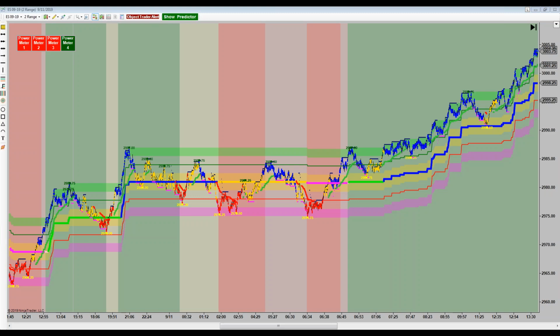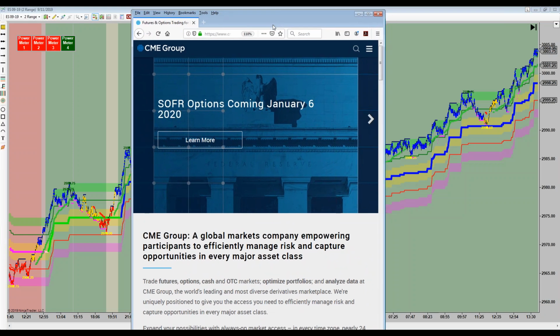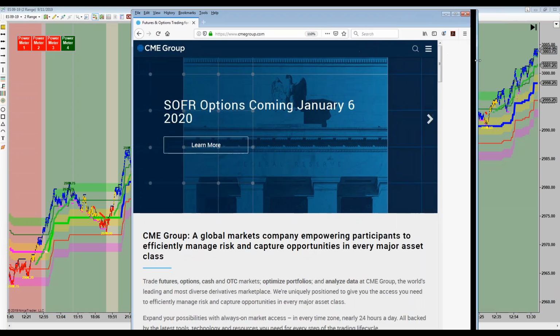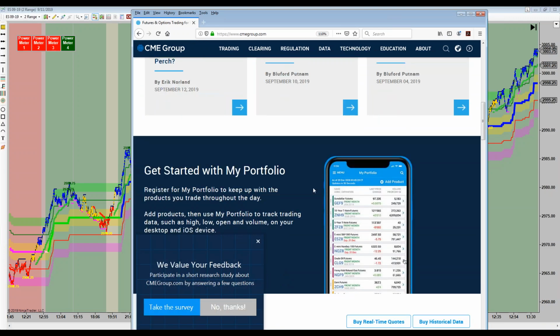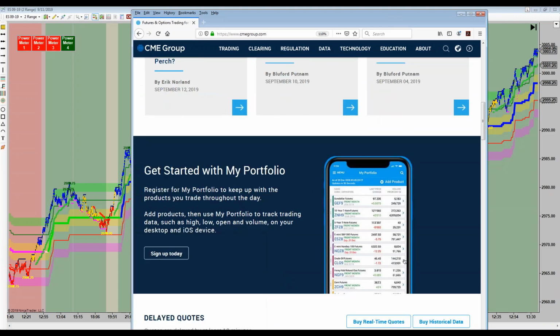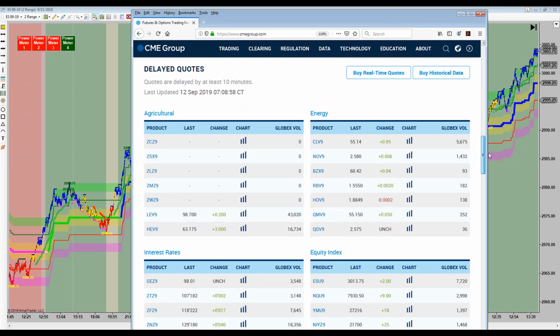Let me show what that looks like very quickly before we get into trade setups. Here is the site. When you scroll down to about the middle of the page, you're going to see the groupings of various futures instruments. These are all delayed quotes, of course.